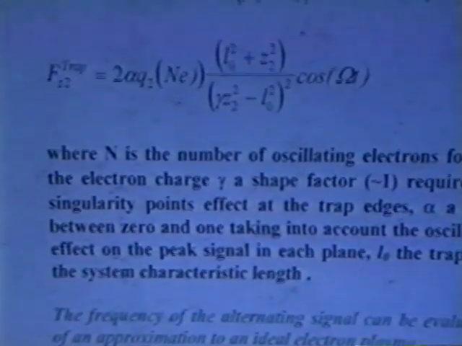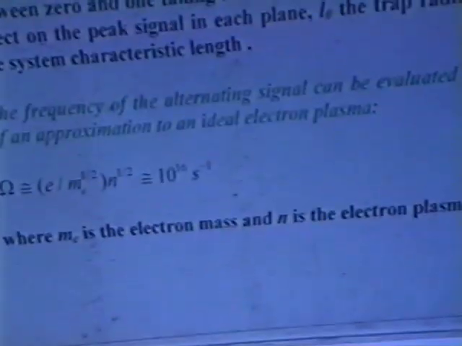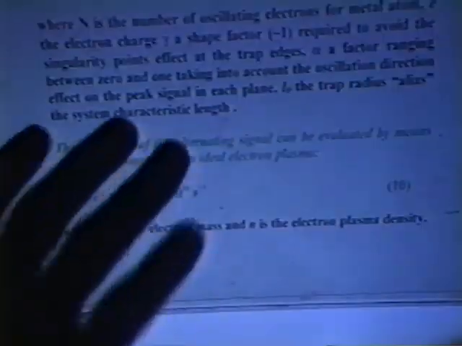That means that in nickel the signal can be larger than in palladium. And also the frequency is a function of the electron density, as you can see here. So in nickel and in palladium there is a small difference in the electron frequency.